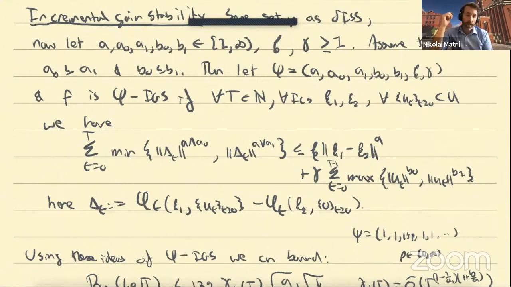For contraction metrics, if you start off by using the underlying Riemannian metric as your Lyapunov function, you can show that it satisfies the Lyapunov certificate definition that we have with all of these constants set to 1. So a way of summarizing this is that for contraction, you really want to use the Riemannian metric as your contraction metric. We can take that contraction metric and use it to construct a suitable Lyapunov certificate of this notion of incremental gain stability.